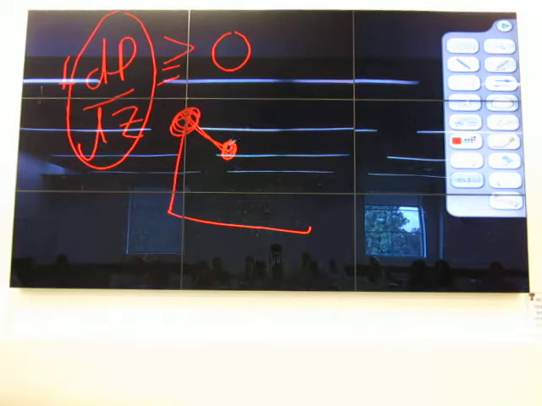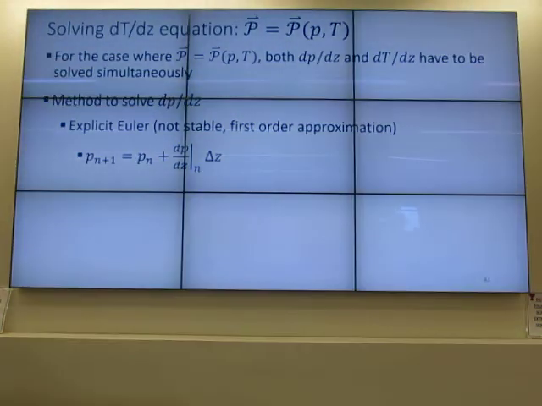Once we are at the next point, we stop at this point and use the slope at this point to get the value at the next point. Mathematically, you will get P at the next point equal to P at the current point plus slope multiplied by delta Z. That is how we plot pressure versus length, right?